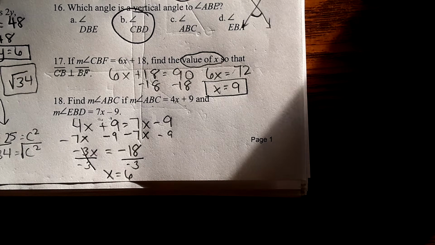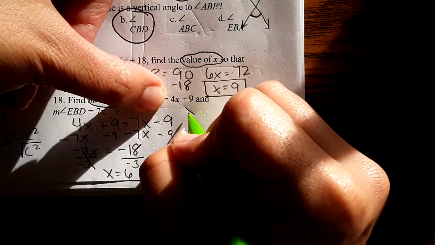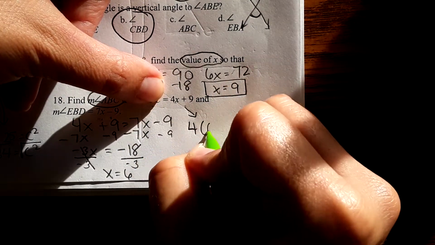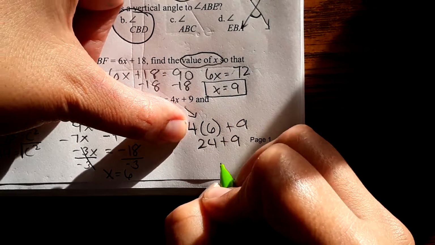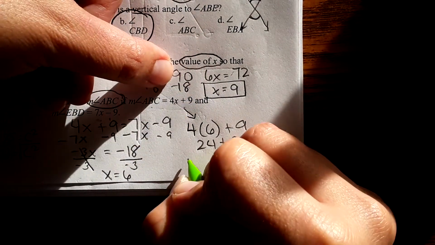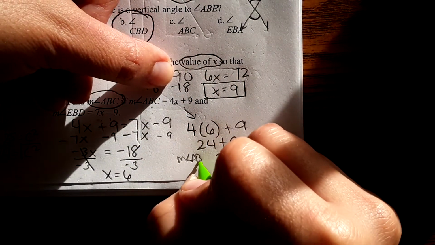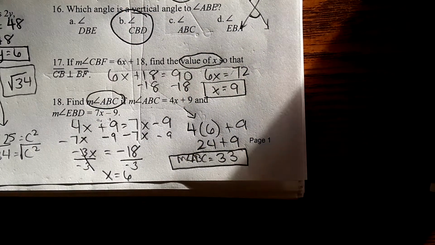Here's the thing though, it doesn't ask for x, it asks for the measure of ABC, which is 4x plus 9. So I'm just going to plug that x in and then solve it all the way out. And I get 33 as my answer. So the measure of angle ABC equals 33. And that's it.